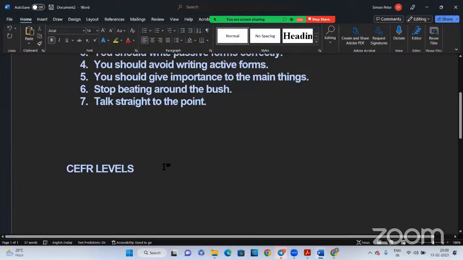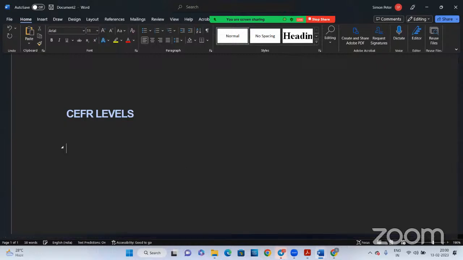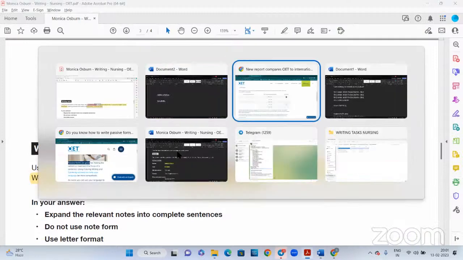I'm giving you the different levels as they are. C2 level. CEFR is C2 level. And now if you are using C2 level vocabulary, then what score will you get?